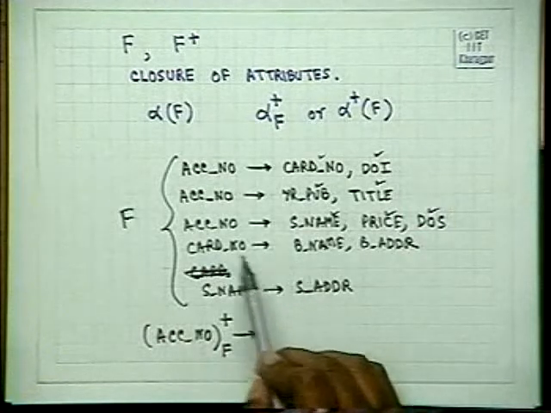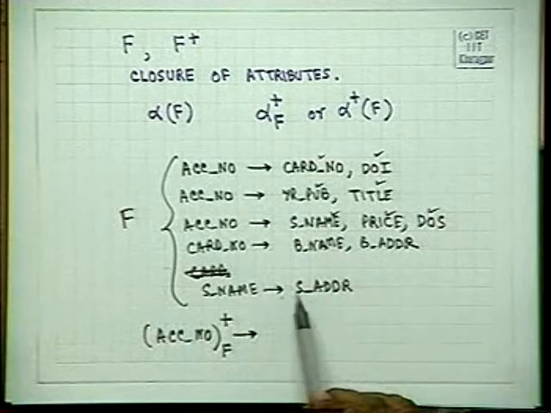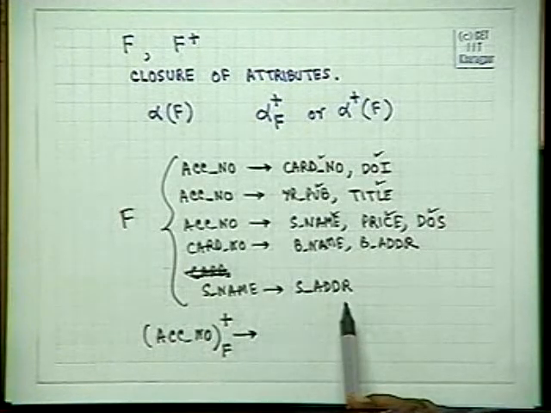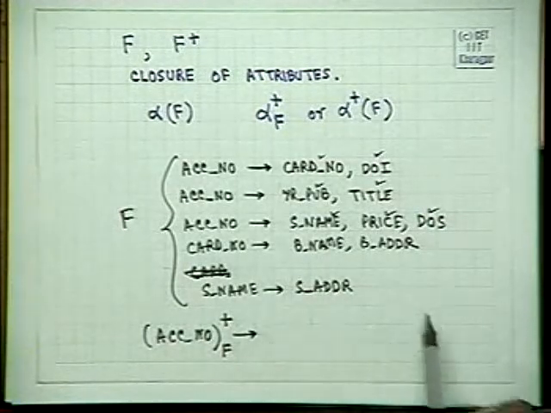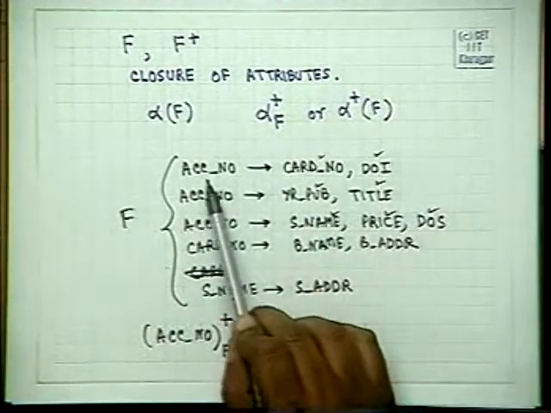In addition we will have borrower's address, borrower's name as well as supplier's address, because all these attributes are indirectly also determined or dependent on accession number.